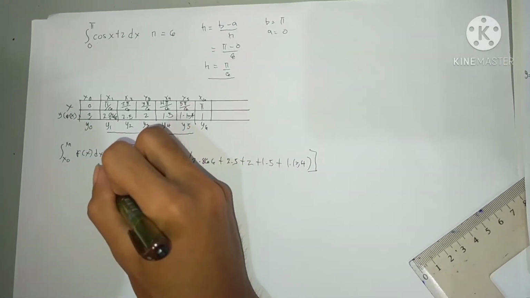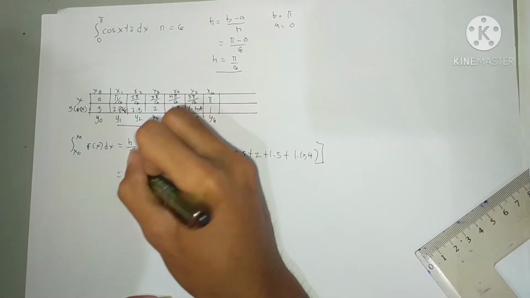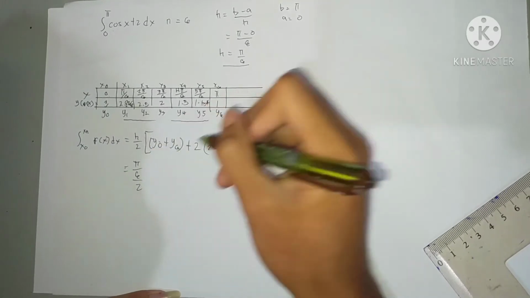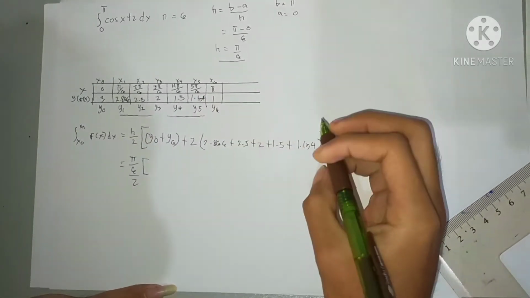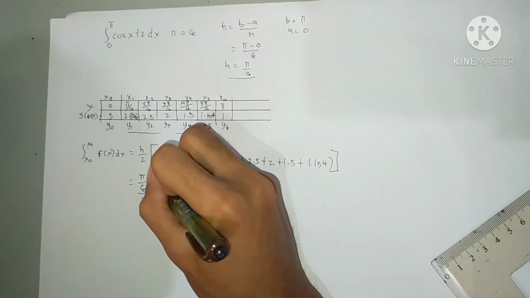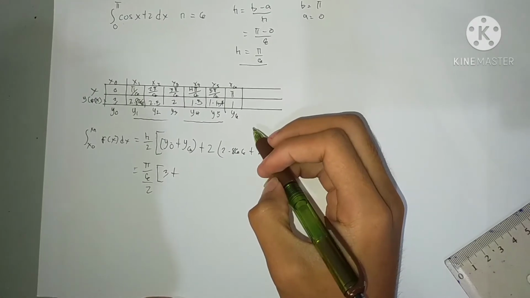Then our value of h is pi over 6 over 2. So here the value of y sub 0 is 3, then the value of y sub 6 is 1.